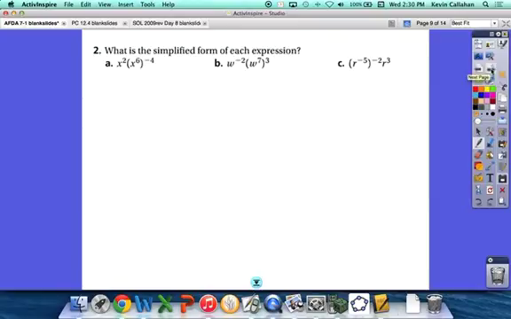Okay, now we've got some more variable expressions, right? X to the 6th to the negative 4th would be, just simplify this part of it right there. What is x to the 6th to the negative 4th? Multiply. Negative 24. So now it's x squared times x to the negative 24.